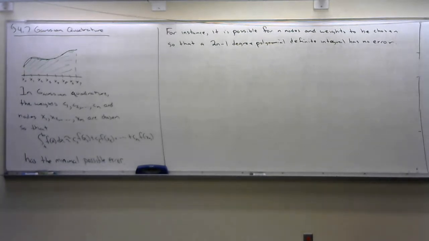It is possible for n nodes and weights to be chosen so that the definite integral of a 2n minus 1 degree polynomial has no error.